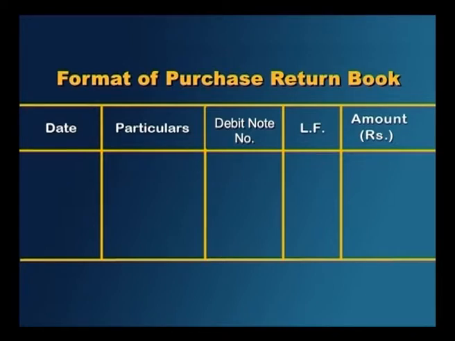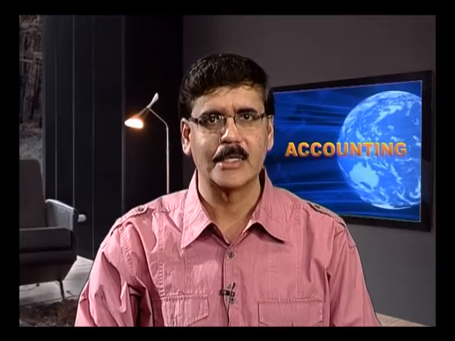As you can see, the format of a purchase return book is the same as that of a purchase book, and the technical details of all the columns are also similar, with the basic difference that it records those transactions where goods earlier purchased by the business are returned back to the supplier and the transaction is not for cash.